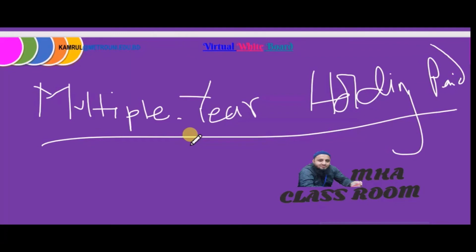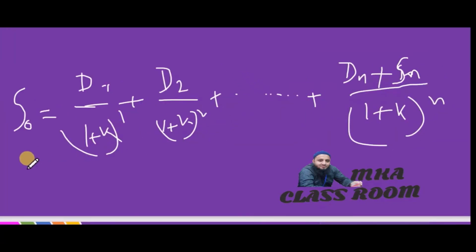So the model should be in this way. P0 is equal to D1, or expected dividend for 1 year, divided by 1 plus k power 1, plus the expected dividend for the year 2 divided by 1 plus k power 2, and continue for the dividend for the period n divided by 1 plus k power n, and finally the selling price of the share, Sn, divided by 1 plus k power n.